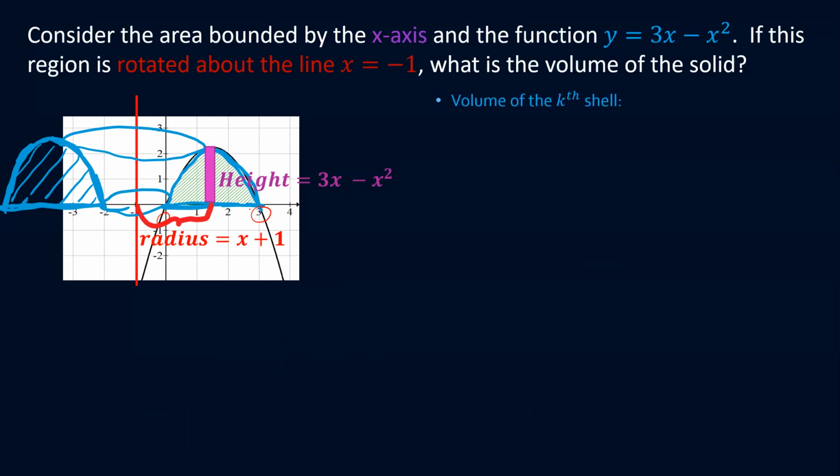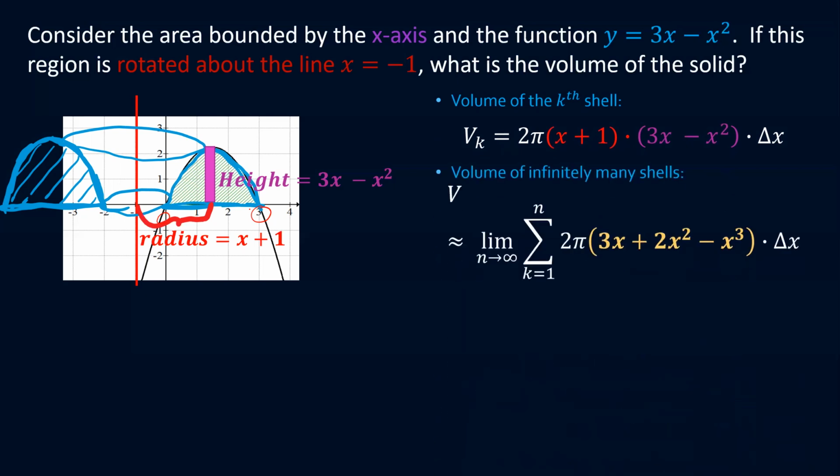So the volume of one particular shell is 2 pi times the radius, x plus 1, multiplied by the height, multiplied by how thick. And then we take infinitely many shells. So that's the volume.